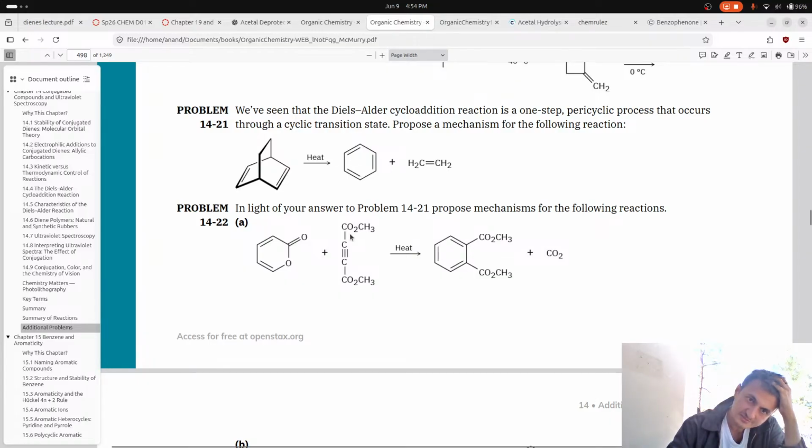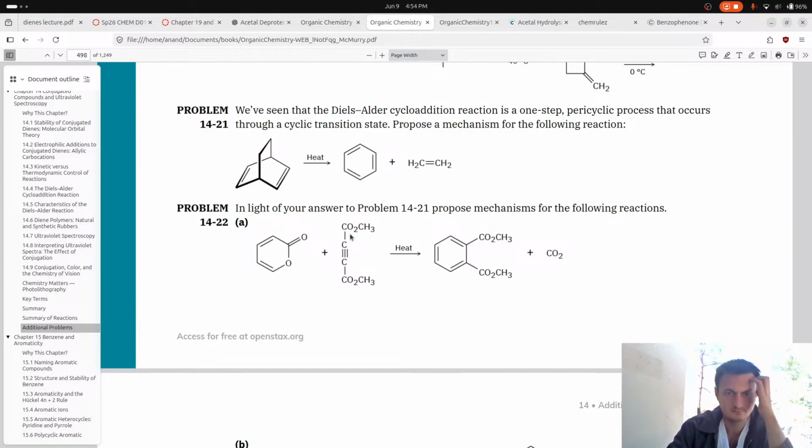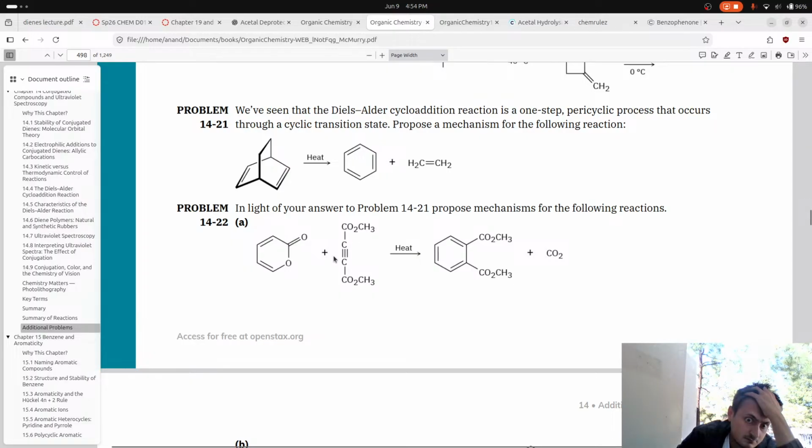Whoa. I've seen this before, but this one's freaky. Yeah, I have no idea what the mechanism of this is.